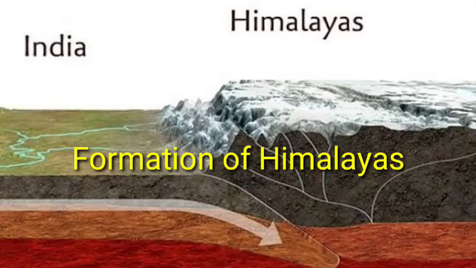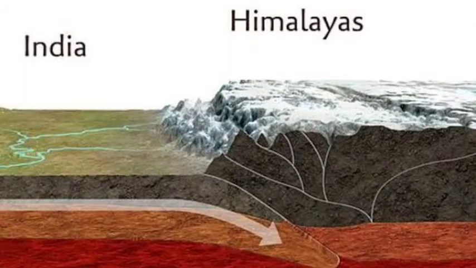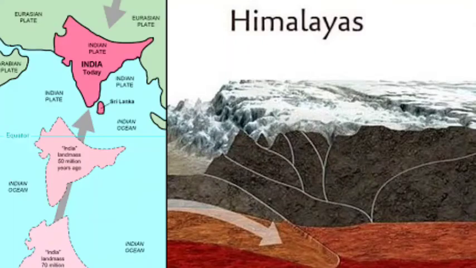Now let us discuss how the Himalayas were formed. Indian Peninsular Plateau, you can see that it is also part of Gondwana land. So Indian Peninsular Plateau is an ancient landmass in the world. 200 million years ago, Gondwana land split into pieces.